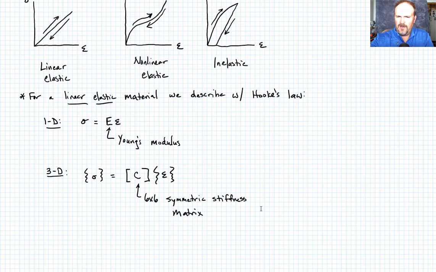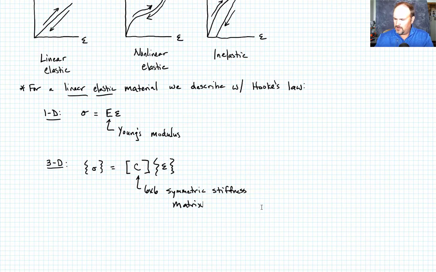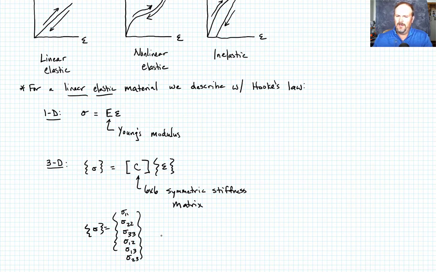And we can define also these quantities, these stress vectors, where, so let's say sigma, if you remember, that looks something like sigma 1 1, the 6 unique stress components, sigma 2 2, sigma 3 3, typically organized by the normal stresses followed by the shears. The shears can sometimes take different orders, simply depending on a convention that a particular book uses.